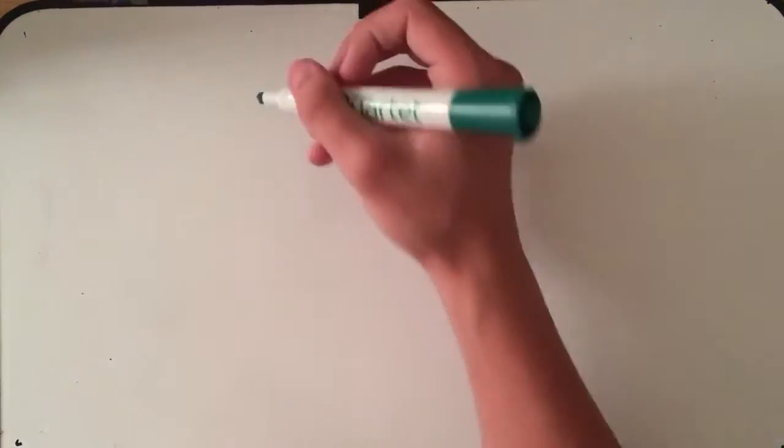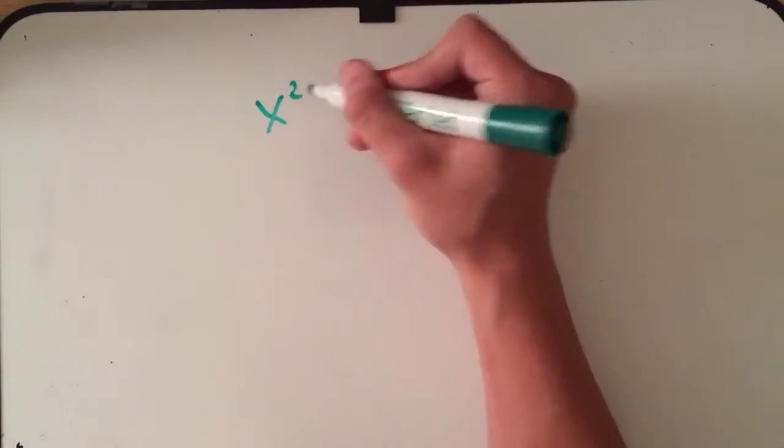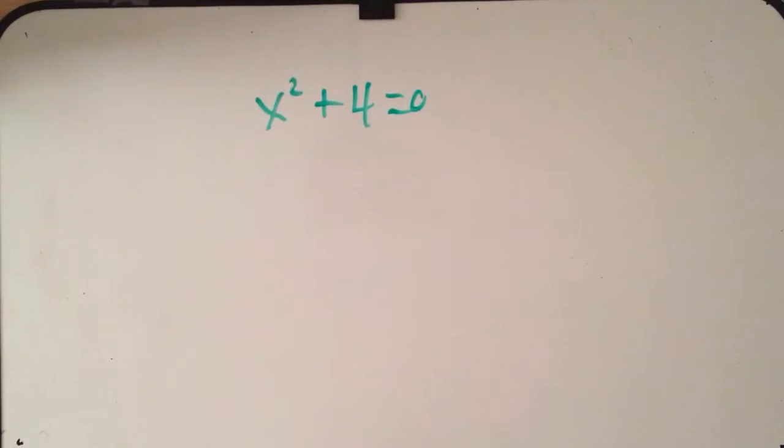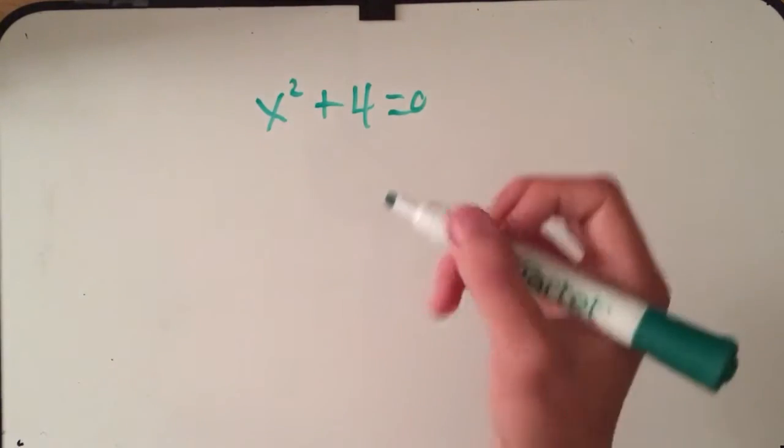Another one would be kind of the other way, x squared plus 4. So normally you'd have to plug this in the quadratic formula because you can't factor it, and you're thinking it's probably going to be a negative and stuff like that, so you know you have to do a quadratic.